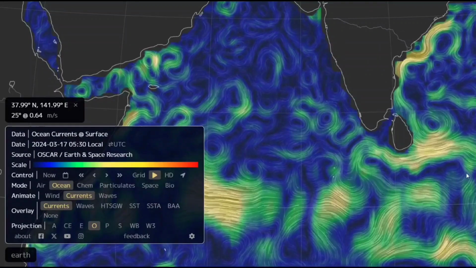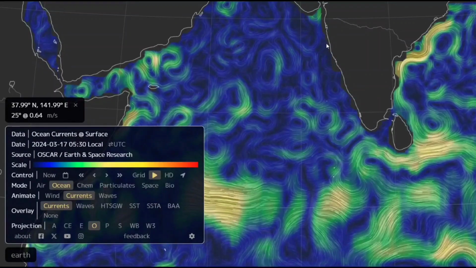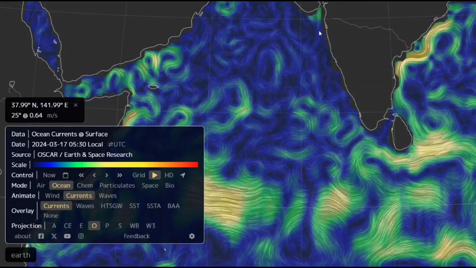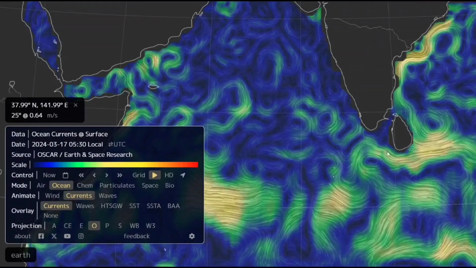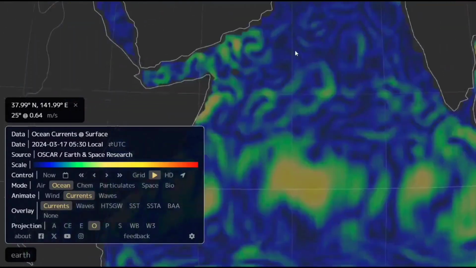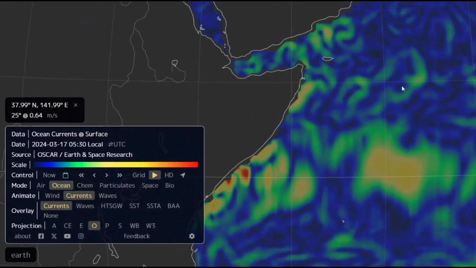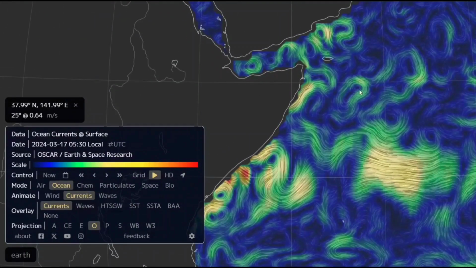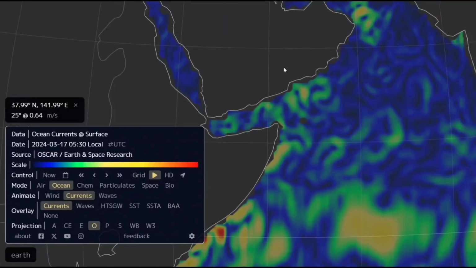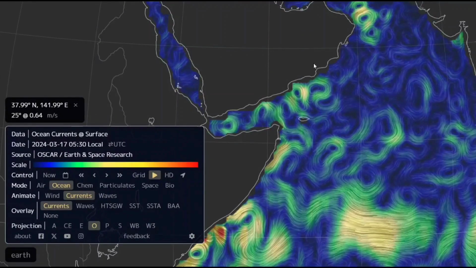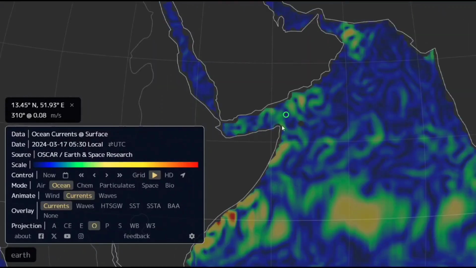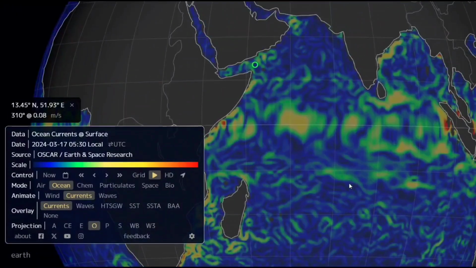So this is not the main branch. This is the secondary branch, which is not carrying much water. Usually the waves move in a very straight direction. So it will hit these parts, and it actually also hit this part of Africa and the southern part of the Gulf countries, Saudi Arabia and all these. So this is the intensity.